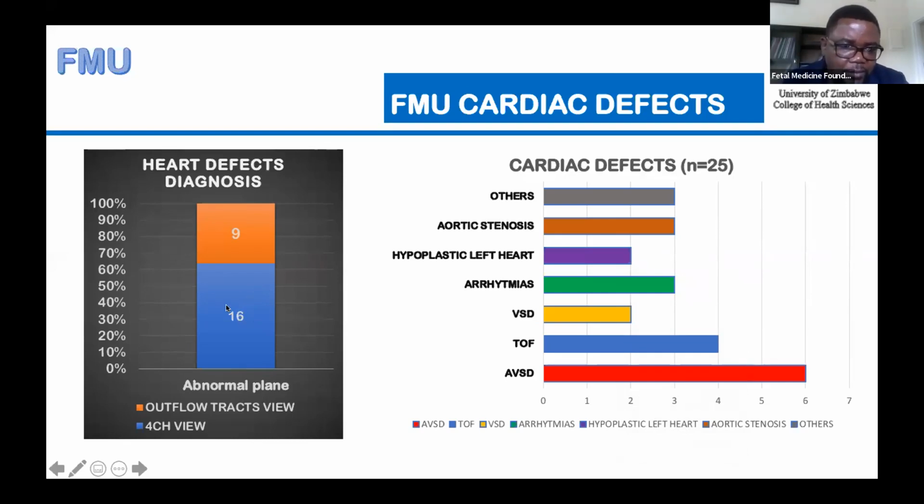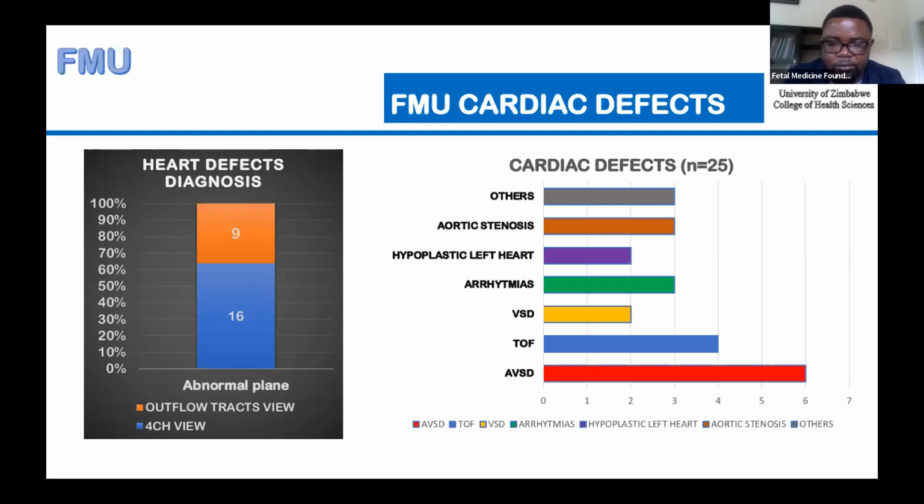We could suspect them by doing a 4-chamber view, but unfortunately for the other third, you needed to do more views. This is the argument which we always make, that we need to learn to look at the fetal heart beyond the 4-chamber view. It's not good enough to just say I can do a 4-chamber view. There is more you can do to increase the detection rate of fetal cardiac defects.